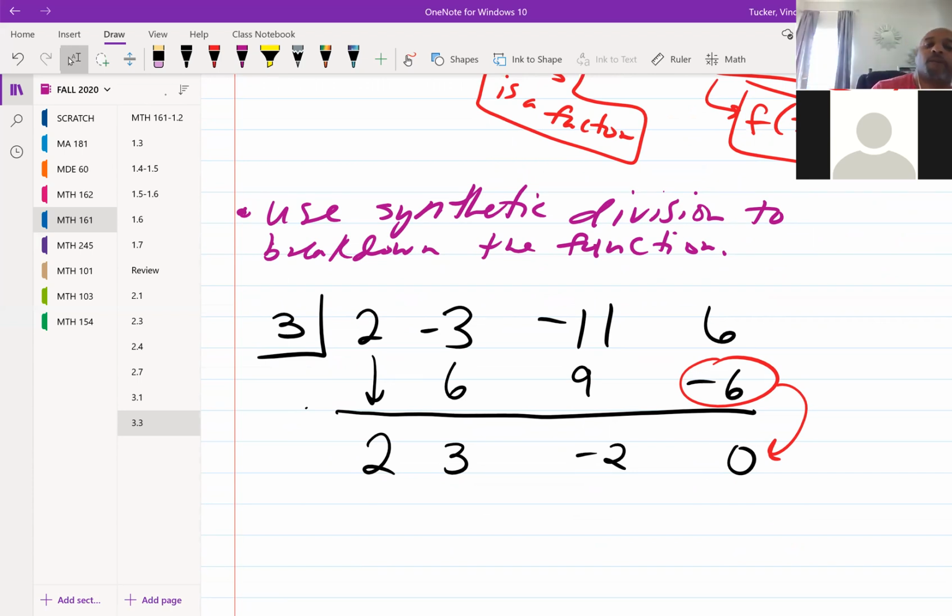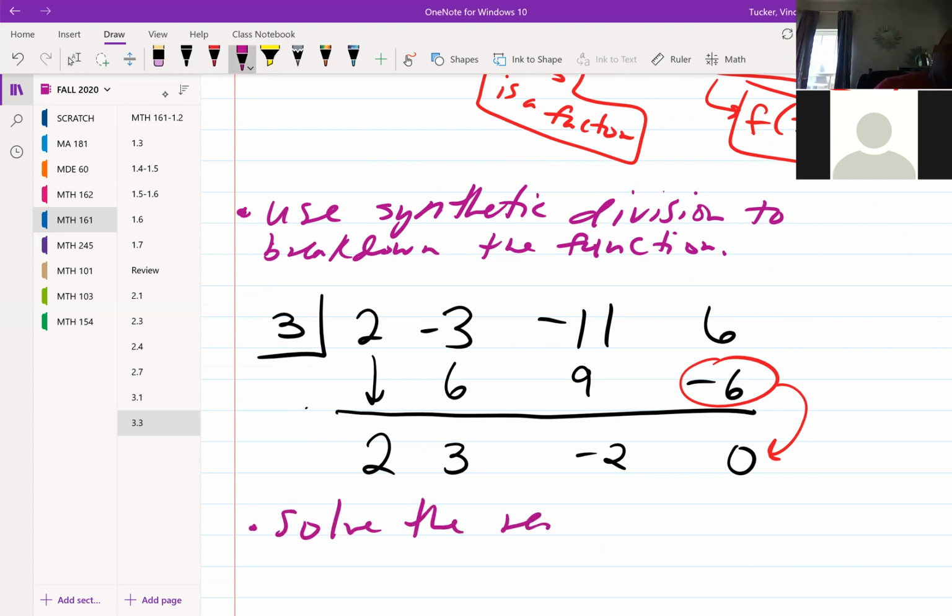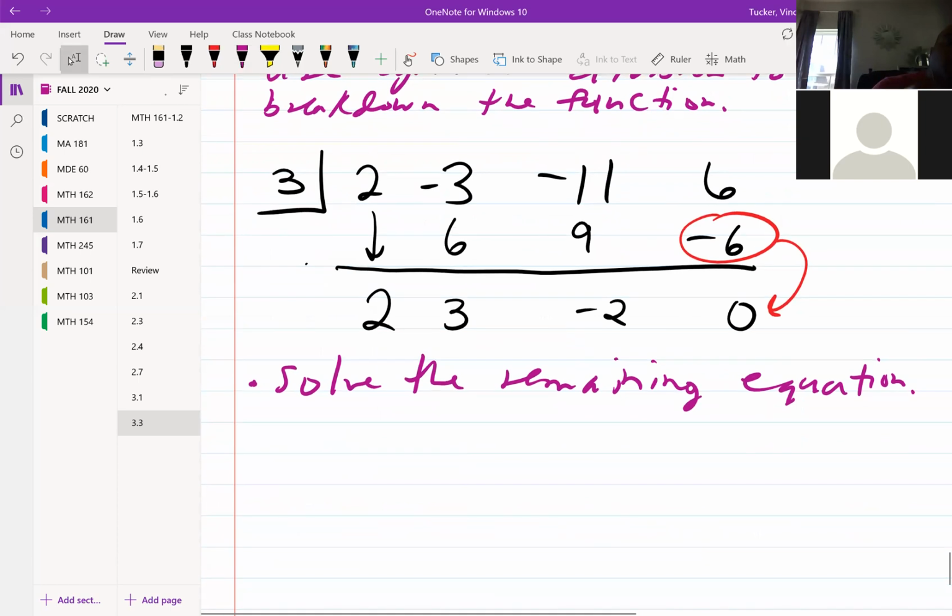All right. So now we can solve the remaining equation. So that'd be 2x squared minus 3x minus 11.